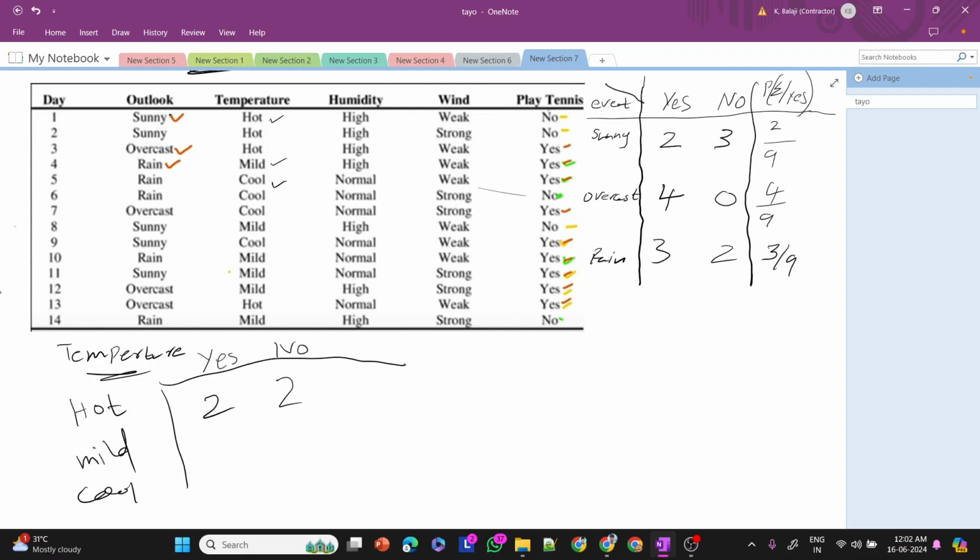When the temperature was mild, totally four times he had played a game. Let's see here: mild yes, mild yes, here also mild yes, mild yes, and mild yes, and mild no. So totally four times he played a game when the temperature was mild, and two times he did not play the game when the temperature was mild.